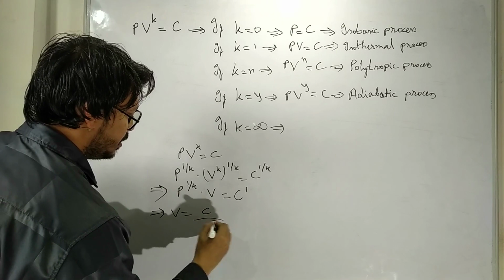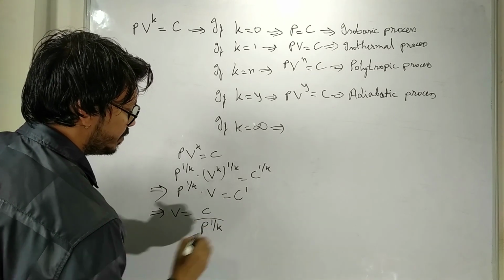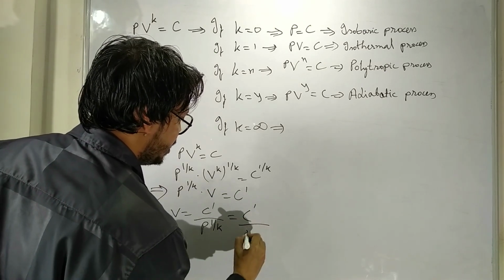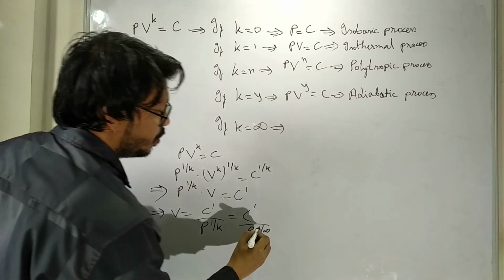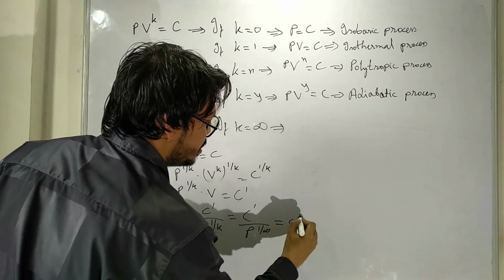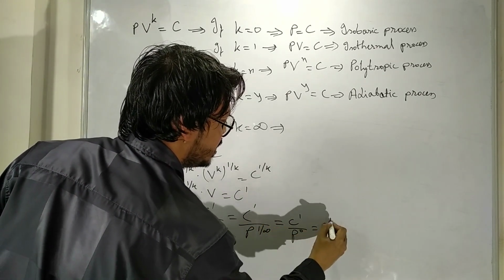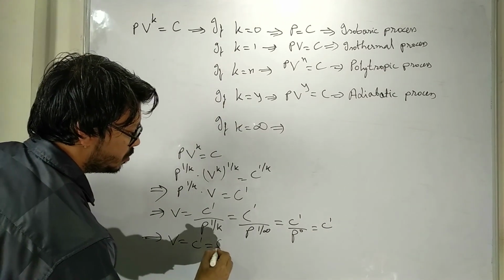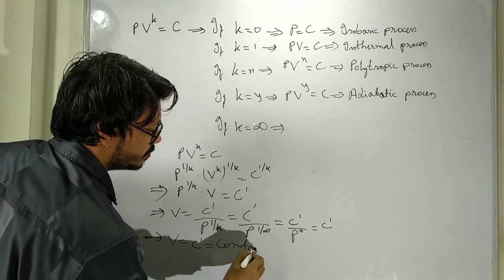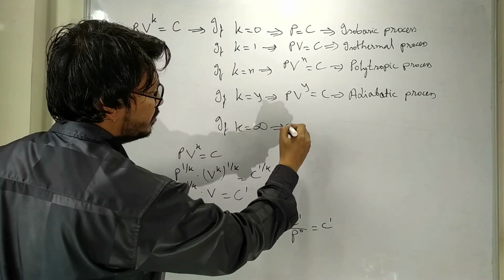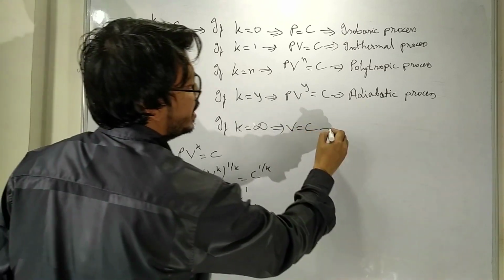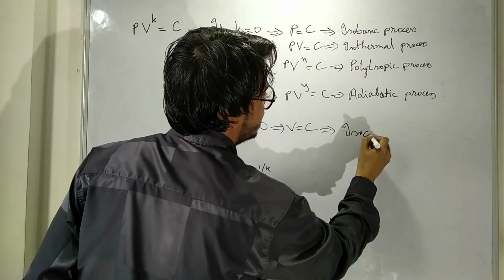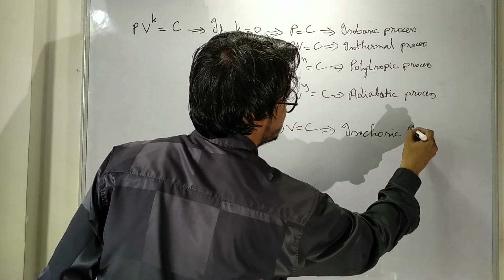V is equal to C dash by P to the power 1 by k, which is C dash by P to the power 1 by infinity. 1 by infinity is equal to 0. So C dash by P to the power 0 is equal to C dash. This implies V is equal to C dash, which is constant. So if k equals infinity, then V equals constant. This is a constant volume process, that is, an isochoric process.